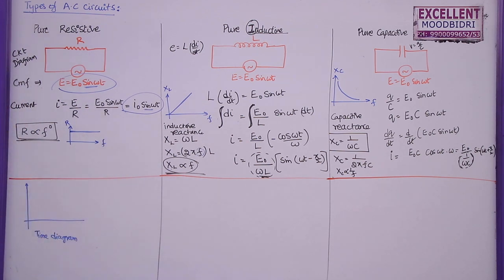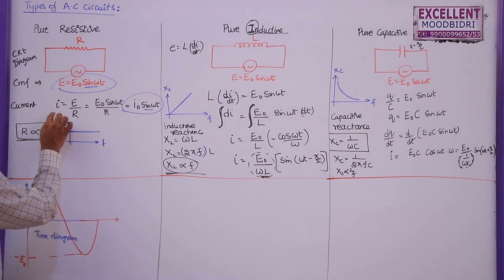So I am going to take the EMF with the red color. This is a sine function. It starts from 0, increases to E naught, decreases and becomes negative. So this is the variation of EMF in this curve. This is called maximum EMF or peak value E naught, and here this is called the negative peak value.